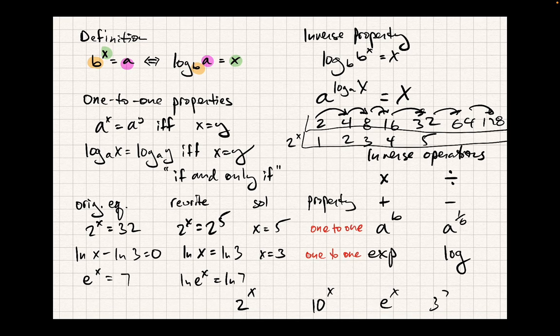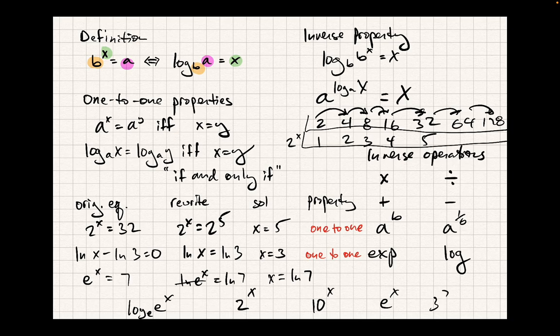The inverse property. What does the inverse property let me do? Cancel. What can I cancel? The exponents. So ln is log base e of e to the x. That leaves what on the left side? X. So I just put it in my calculator.